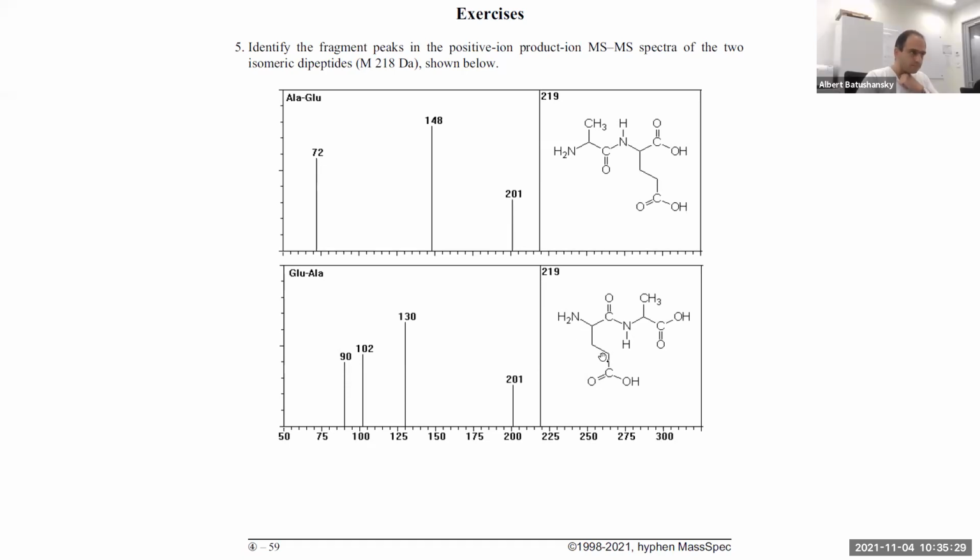And in peptide fragmentation, that would mean that the 102 is actually an A fragment, whereas the 130 is the B fragment. I don't know if you are familiar with the nomenclature of that fragmentation, but this is clear.